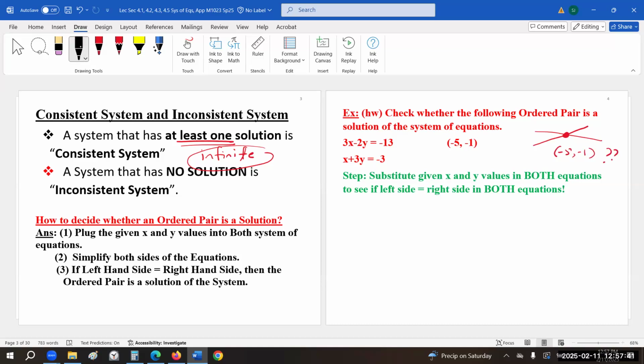So what you're going to do is substitute our x and y value into both equations. First equation, 3x minus 2y equals negative 13. Second equation, x plus 3y is negative 3. This is x, this is y. Our x is negative 5, y is negative 1.